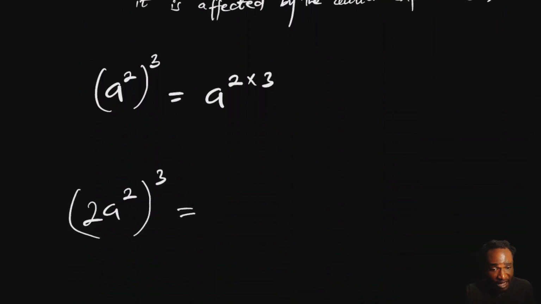In this case, our result is going to be, you guessed right, the 2 is going to be affected. So we're going to have 2 raised to the power 3, then a, using the power of powers law, 2 times 3 over here. So these two are multiplying: 2 times 3, so we are going to have 6. So our final result is 2 raised to the power 3, a raised to the power 6.